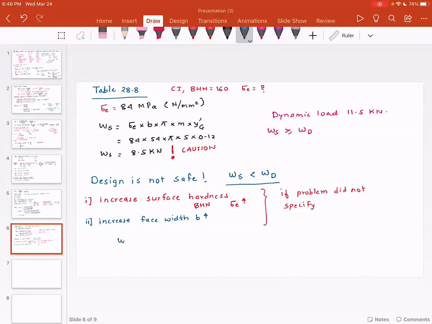If you look at the equation for WS, WS is sigma E times B multiplied by pi multiplied by M multiplied by Y G prime. Now, M value is the module. If for some reason we change module, please understand with change in the module, your pitch circle diameter is changed.